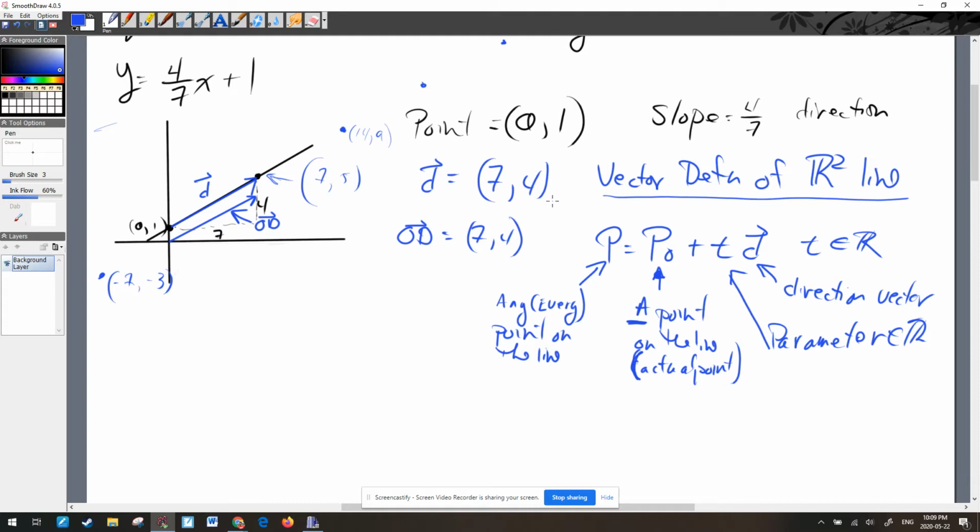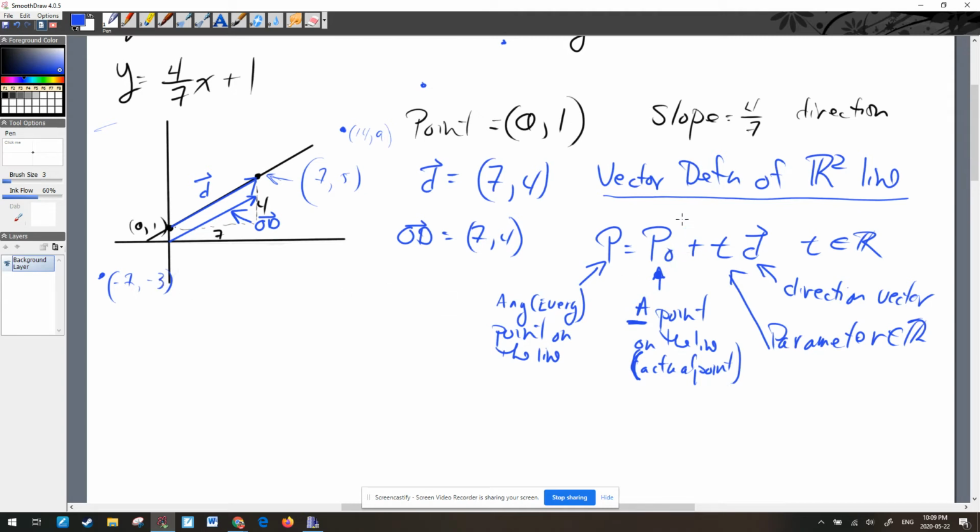So this direction vector says, once you're out on this line, you follow this heading either forwards or backwards, and you are still going to be on the line. So you can imagine that if I multiply that by any and every number in the real number system, it is going to take us to every one of the points on the line. So this defines the equation of this line in 2 space.